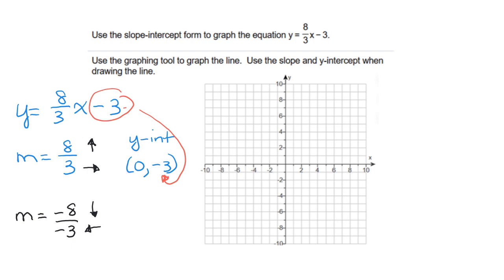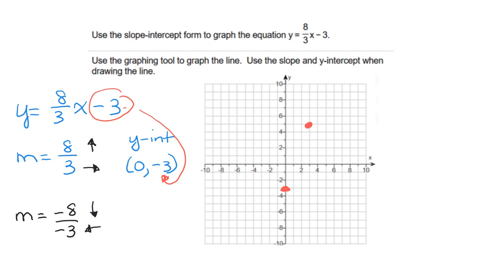Start at the origin, go down 3 units. And then from 0, -3, we're going to go up 8 units and over to the right 3. All right, so that's giving us, it looks like 3 and 5 for that ordered pair, 3, 5.